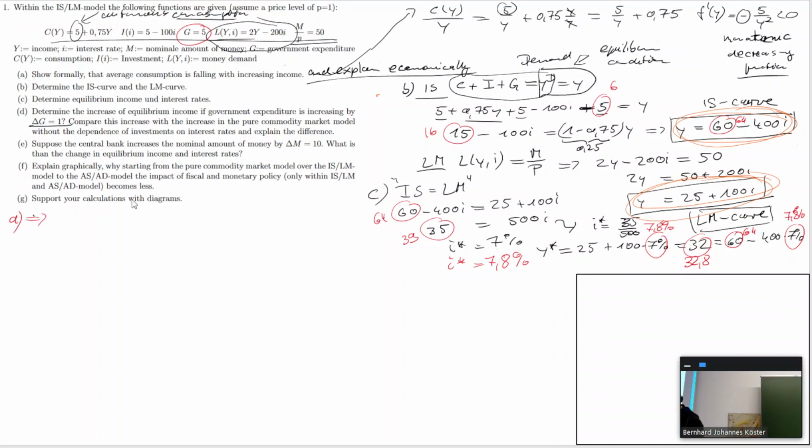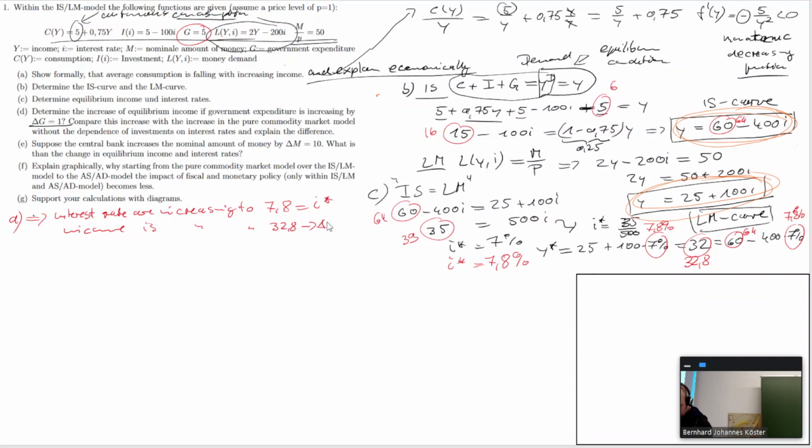So interest rates are increasing to 7.8, and income is increasing to 32.8.